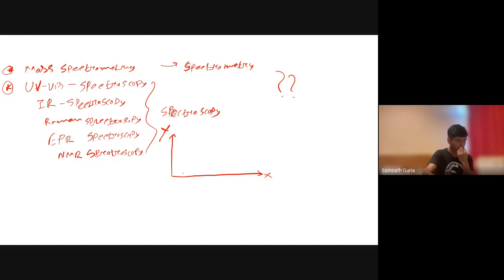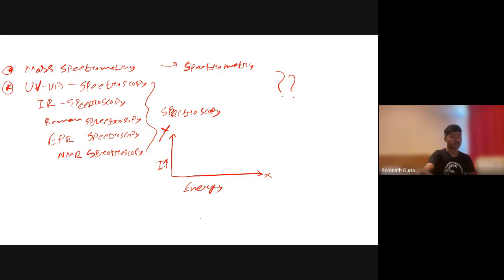In spectroscopy, we always find some representation of the energy over here. Energy representation is always on the x-axis, and the y-axis is some intensity term.